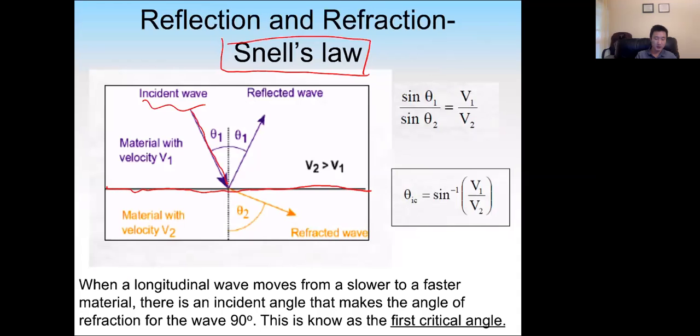In material 1, the velocity of the wave will be v1. The wave in the second material will have velocity v2. Part of the wave will be reflected back, and we know these two angles, theta 1, will be equal.